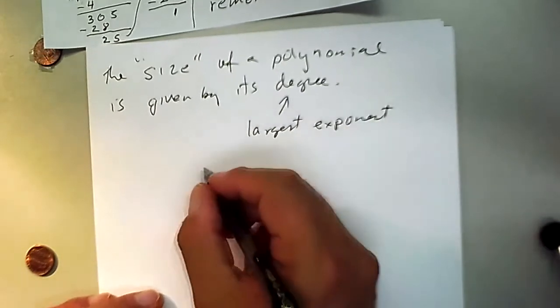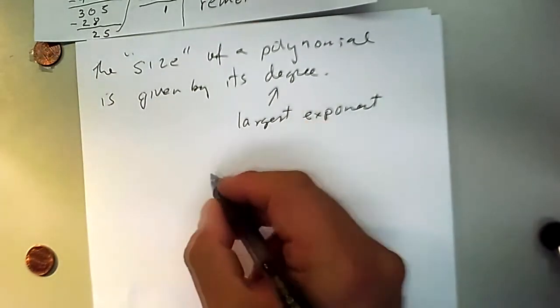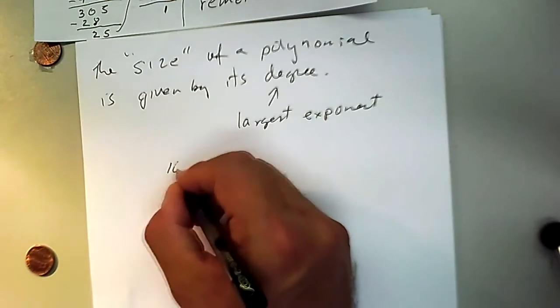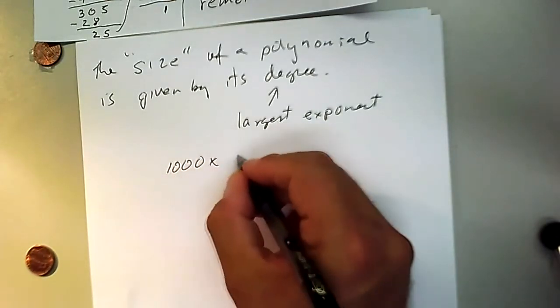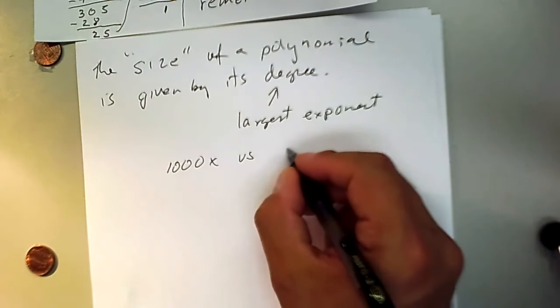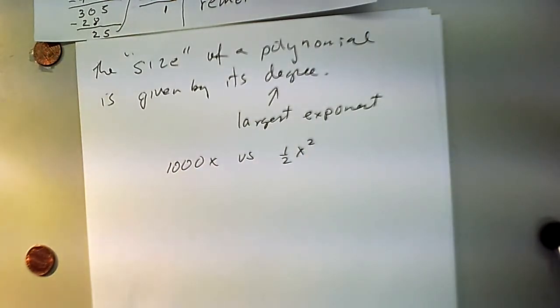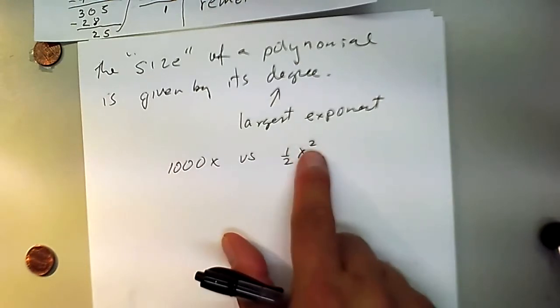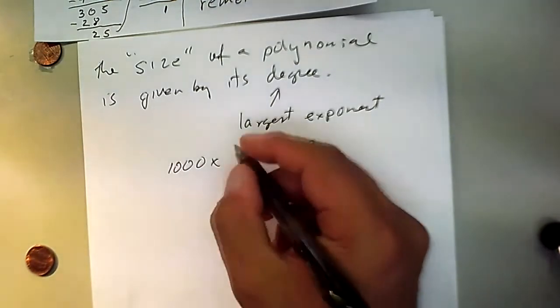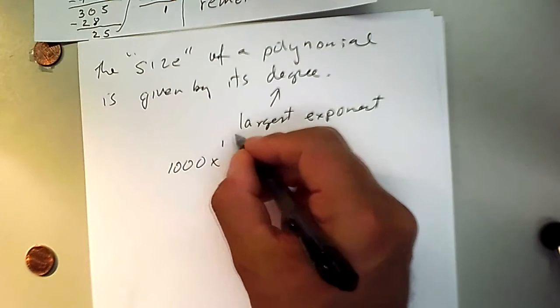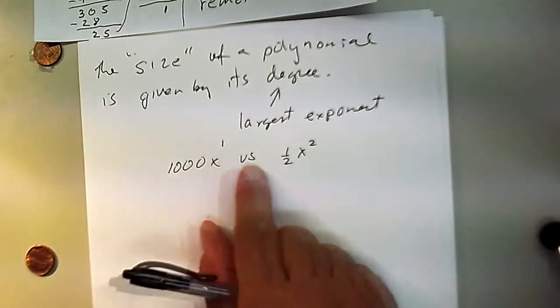So for instance, just to give a sub-example, compare 1000x versus half x squared. Which one is bigger? This one is bigger because the degree is 2. The degree of this guy, which we never write down, is 1. So x to the 1 versus x squared.